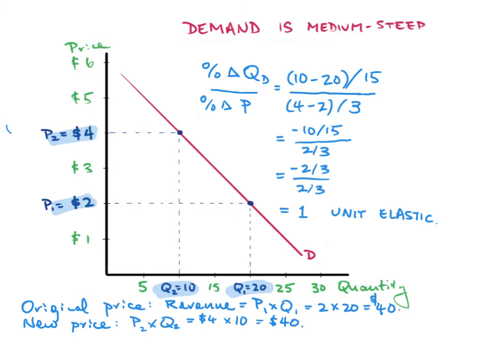So increasing the price, revenue stays the same because the increase in price is exactly offset by a decrease in quantity. Price goes up by 2/3, quantity goes down by 2/3, and they cancel each other out more or less. Does that make sense? Okay, so unit elastic. If demand is unit elastic, revenue will be the same regardless of price.